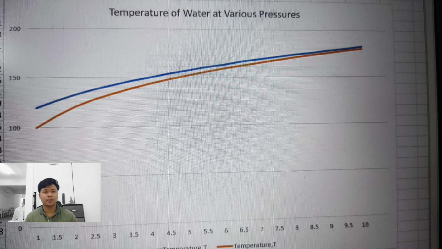And also human error is one of the factors that make the temperature values different. And the last one is the expelled air from the boiler. So these are the errors that I can find from this experiment.